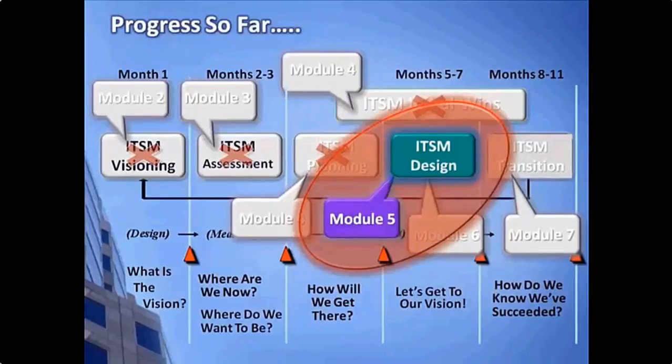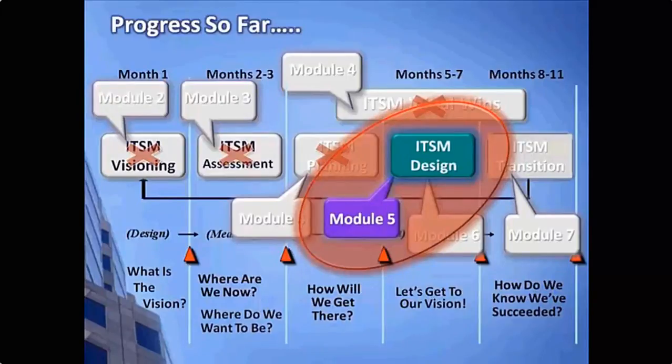By now you should be getting familiar with our ITIL implementation life cycle: the visioning, the assessment, the planning, initial wins, design, and transition. In Module 1, we ran through this implementation life cycle at a high level. We then, in Module 2, covered the vision work stage, the importance of the business vision, setting objectives, establishing an ITIL implementation program charter, how this is really an organizational change effort, identifying stakeholders, and getting key people on board with the effort.